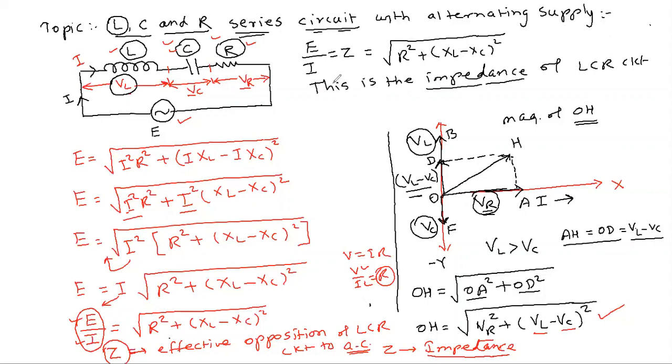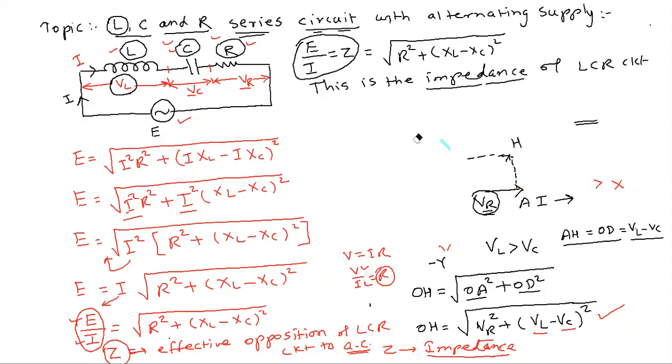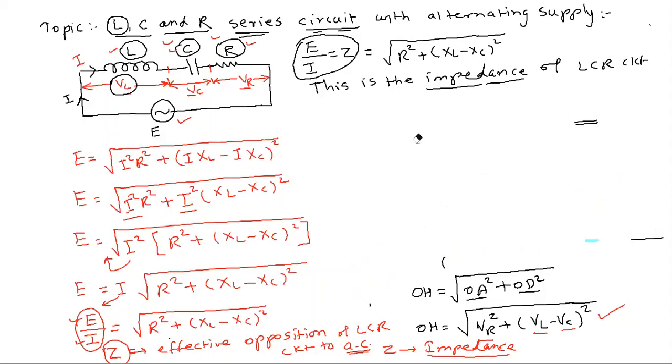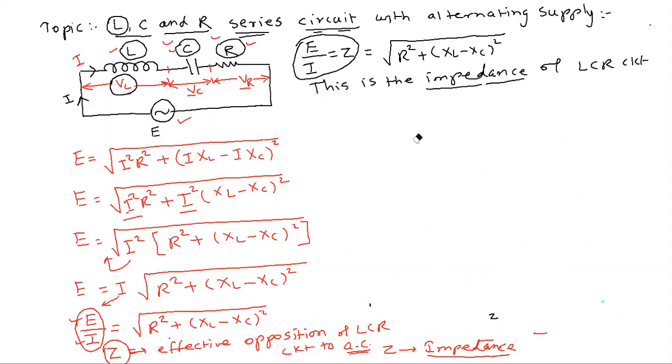Now see here, from this relation I can write I is equal to E upon Z. I is equal to E upon Z, that is E upon square root of R square plus XL minus XC bracket square.